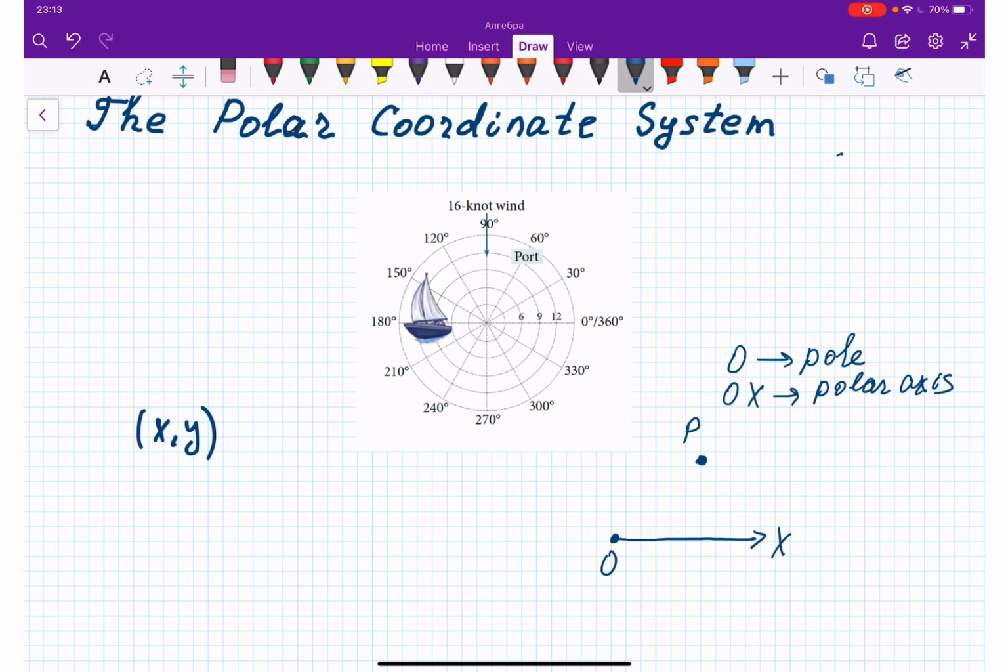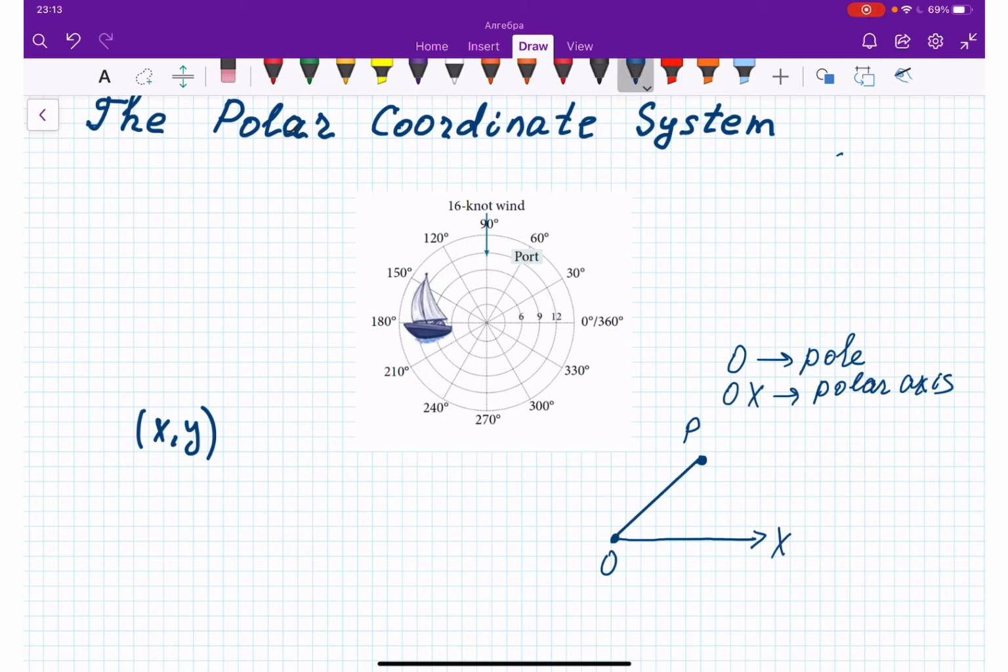This point P in the plane can be assigned polar coordinates in the following way. It's going to be r, which is the directed distance from O to P, or we can also call it the radius. That distance is connected to the pole.